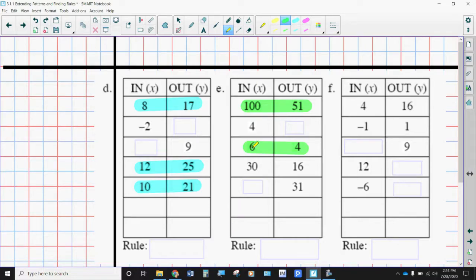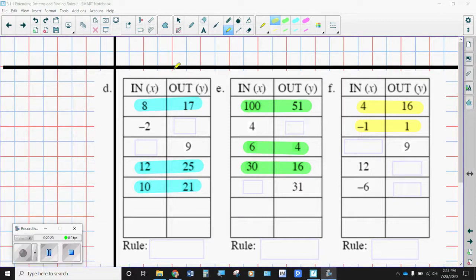We're not subtracting 49 from 6. So what appears to be the pattern there? And then here you take 4 times 4 is 16, but negative 1 times 4 is not positive 1. So something else is happening to the x value to turn it into the y value.